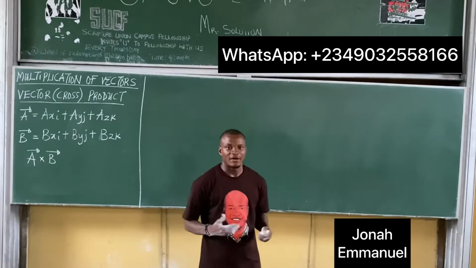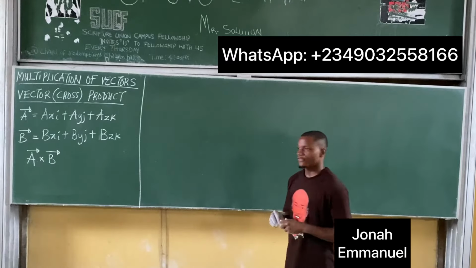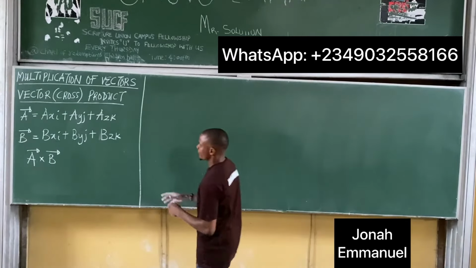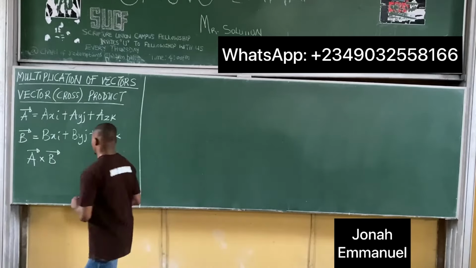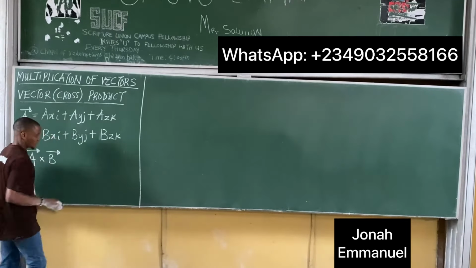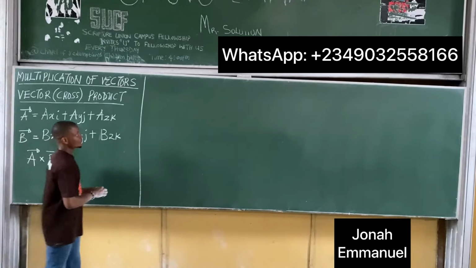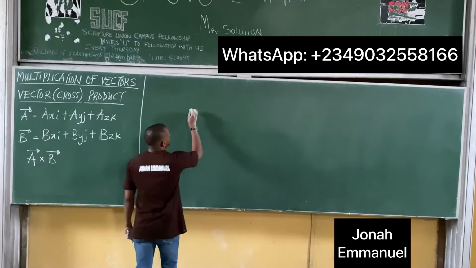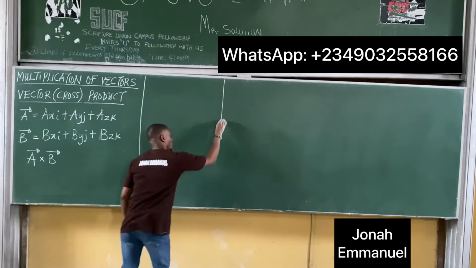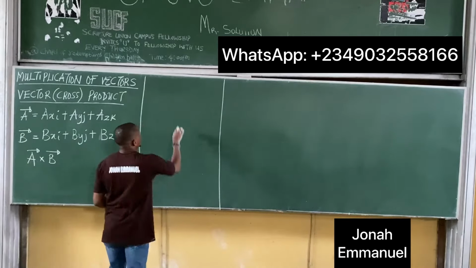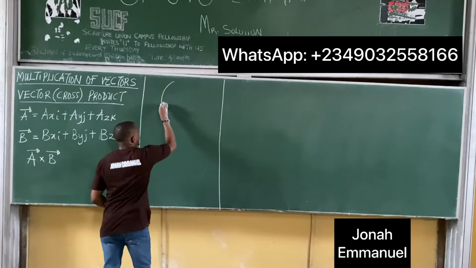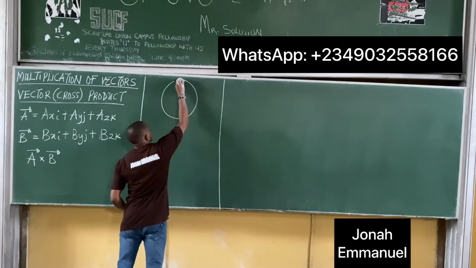Let's derive the formula for the cross product of two vectors. Before we derive this formula, let's get something. So first of all, we have a circle like this.